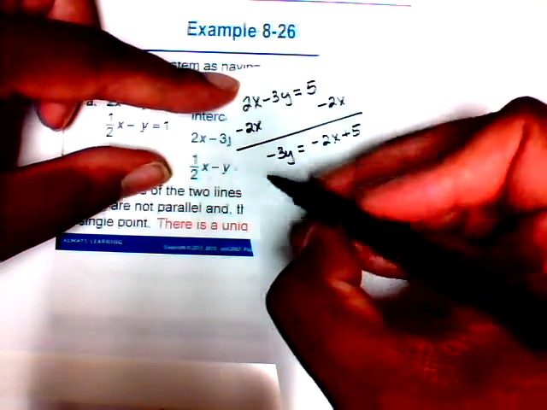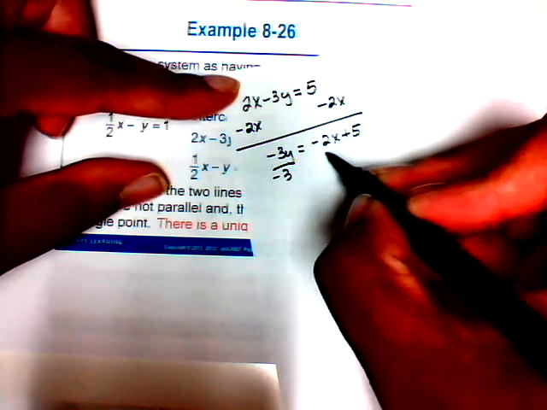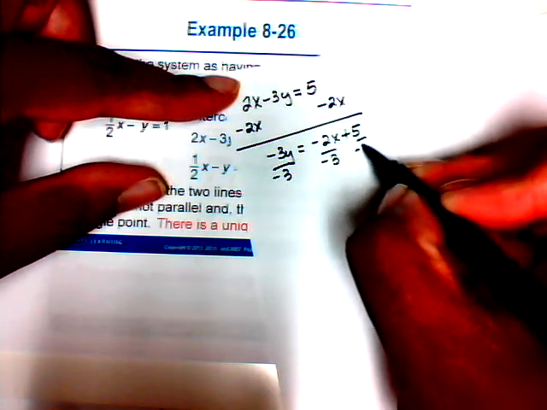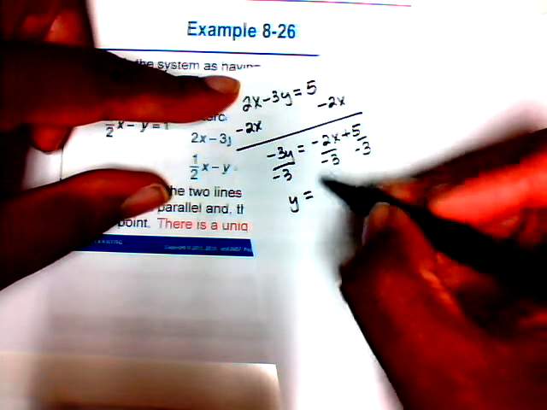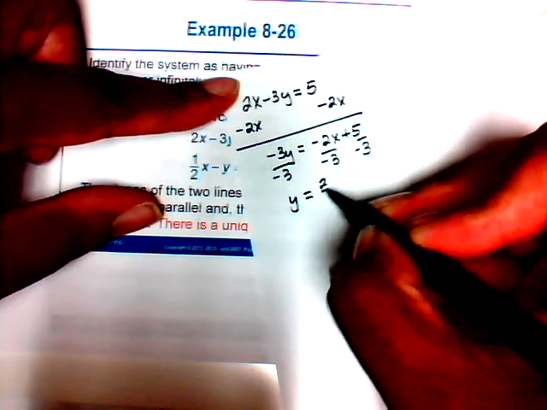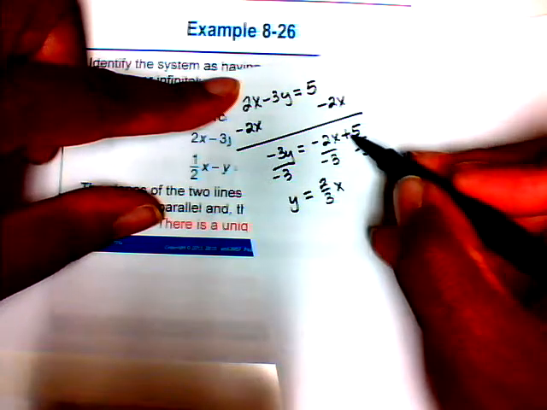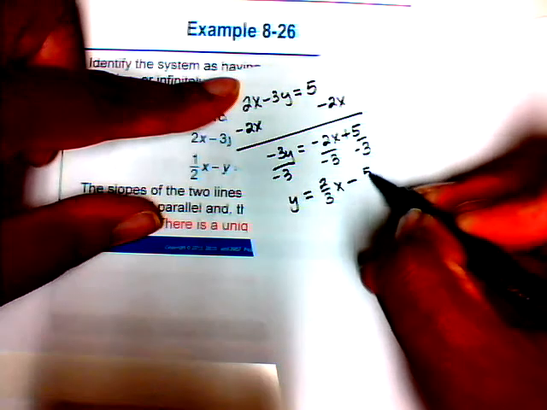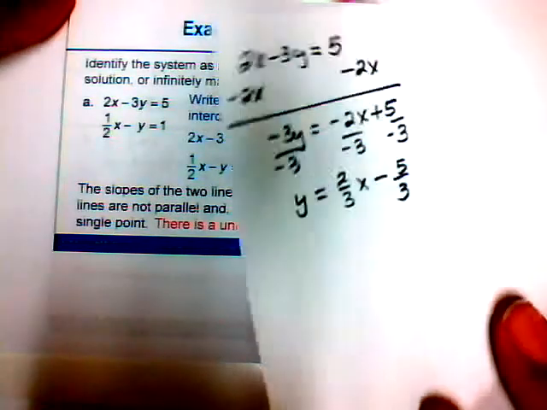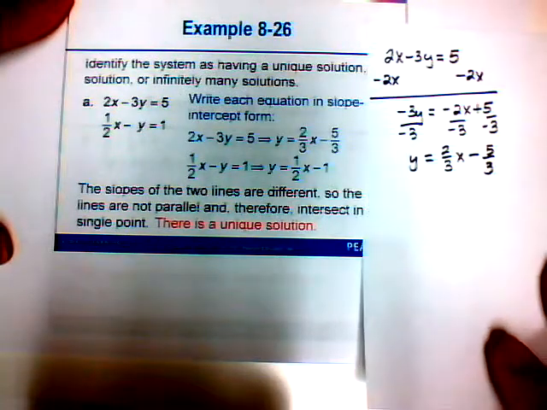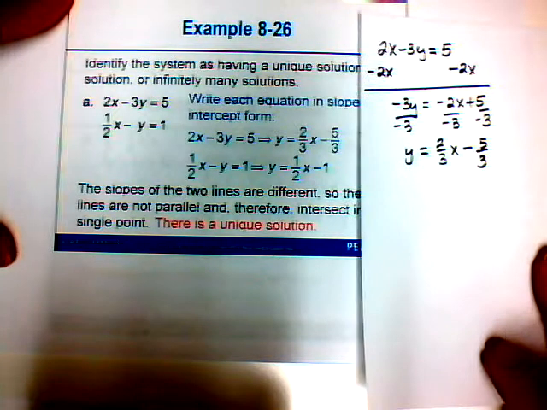And then to get the y by itself, you'll divide each and every term by negative 3, which means you're going to have y is equal to, well, a negative and a negative is a positive, so that's going to be 2/3 x. A positive and a negative, that's going to be a minus 5/3. Okay, so that's where they got the 2/3 x minus 5/3.